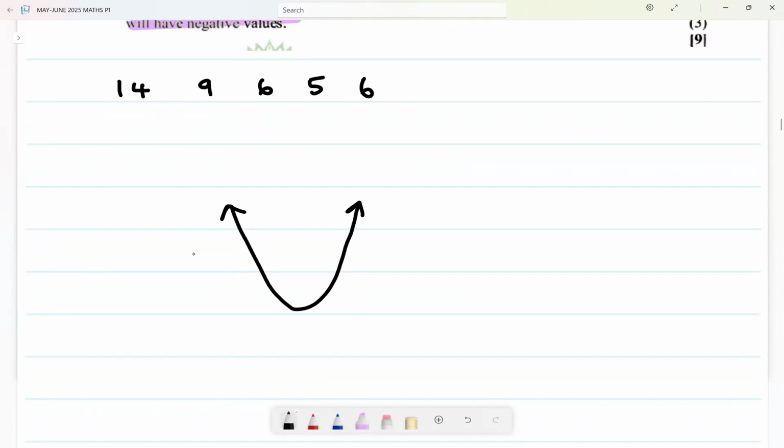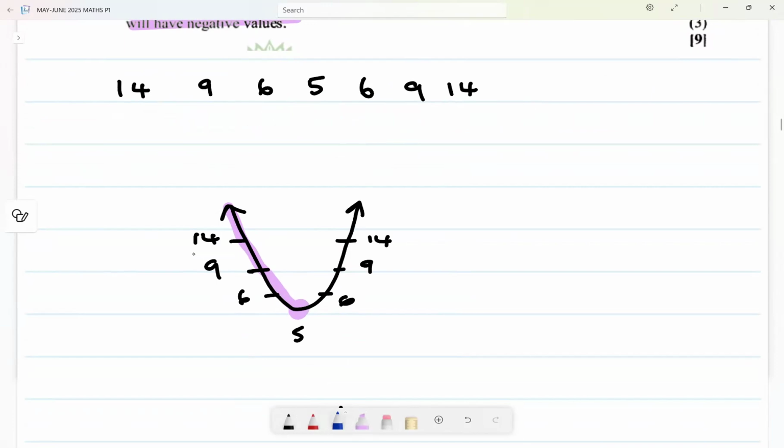Since it is a parabola, here it stops at 5. If this was 6, this is going to be 6. If this was 9, this is going to be 9. If this was 14, this is going to be 14. You can use your calculator to prove that, guys. How many terms? 1, 2, 3, 4, 5, 6, 7. Cool. These are the 7 terms.